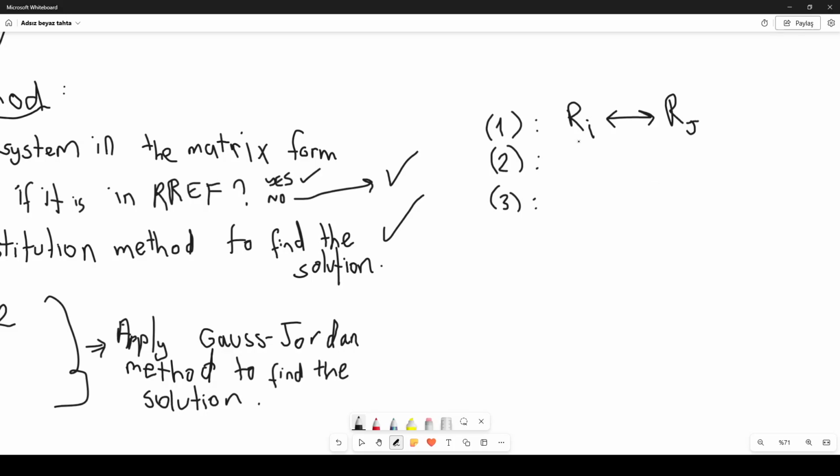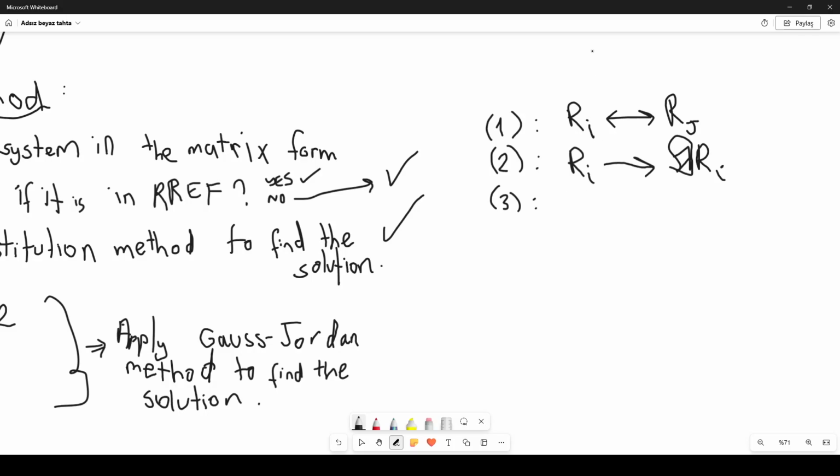And the second thing is, what can we do? The second operation is that we can replace any row, say Ri, with that row multiplied by a scalar lambda. Say lambda is an arbitrary real value.